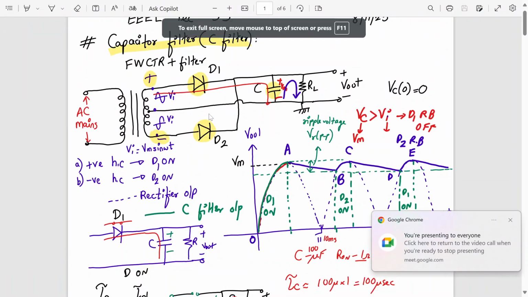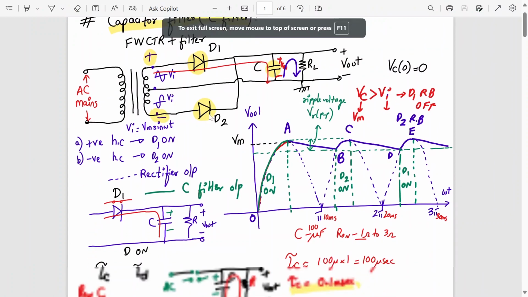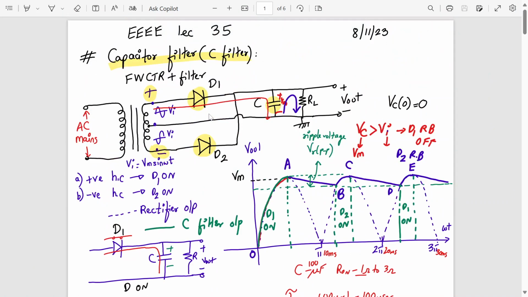Okay, this is the circuit. Capacitor filter. Can I start with the explanation, everyone? Just listen. I'm using one of my old PDFs. Do you know the working of full wave center tap? Have you understood the working of the full wave center tap rectifier? Yes or no? Tell me. Only with the resistor RL. Now we are adding the capacitor. That's the other story.